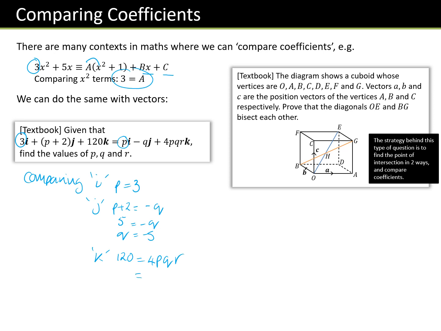And now we've found what p and q are, so that's 4 times 3 times minus 5r. 3 5s are 15, so that'll be minus 15 times 4, which is minus 60. Minus 60 times something is 120. r will have to equal minus 2. So that's that question. Let's have a look at the next question.